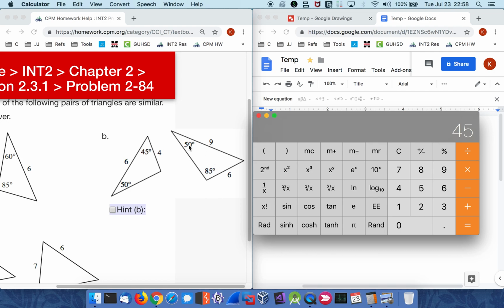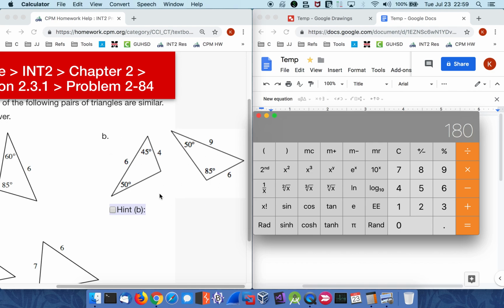Okay, so 50 plus 45 plus 85 equals 180. So this angle is going to need to be 45. This angle is going to need to be 85, which looks like all the angles are the same, which means that the sides must be similar.